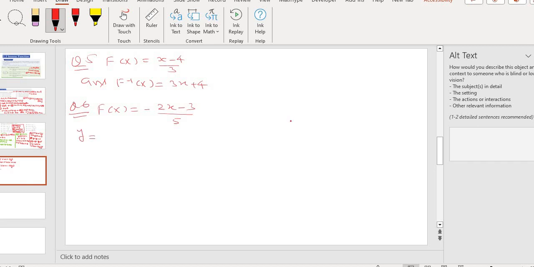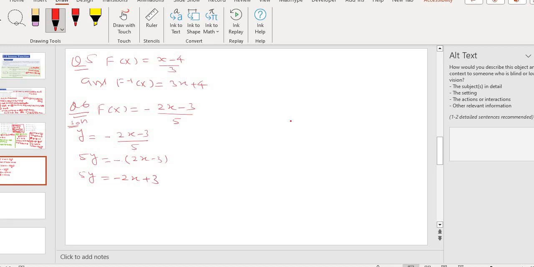So y is equal to minus (2x minus 3) divided by 5. Just use the cross multiplication. This will come as 5y is equal to minus, and this is separate from that one, so better you close this bracket and now simplify it. So 5y is equal to minus 2x plus 3.